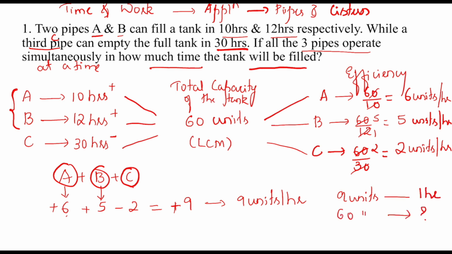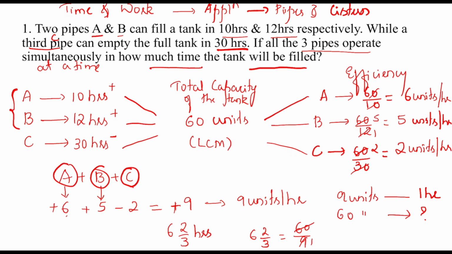So therefore 60 divided by 9. 9 sixes are 54 and 2 by 3 will remain. Okay. So therefore the whole tank is filled in 6 2/3 hours when all three are operating together.